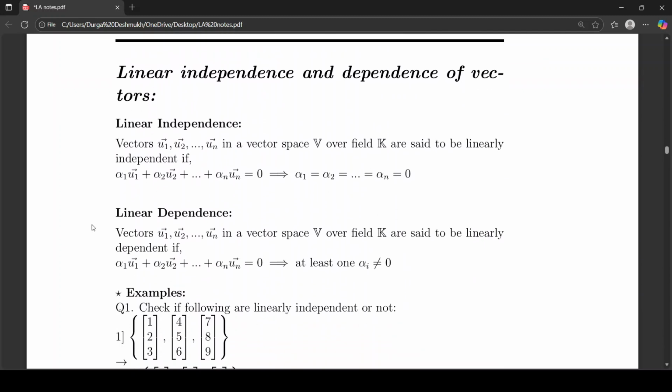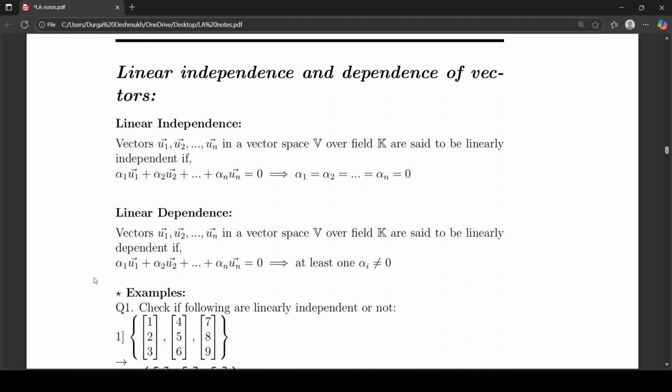Now, linear independence. Suppose there are n vectors in a vector space over a field K. They are said to be linearly independent if the dependence relation alpha 1 u1 plus alpha 2 u2 till alpha n un equal to 0 implies that all the alphas, that is, all the constants, are 0.